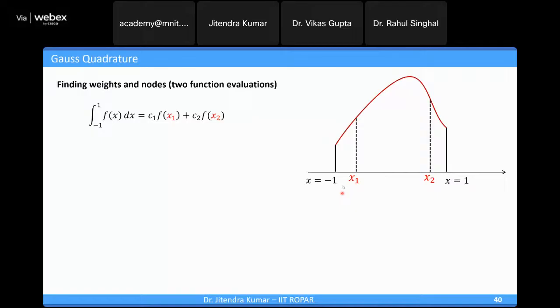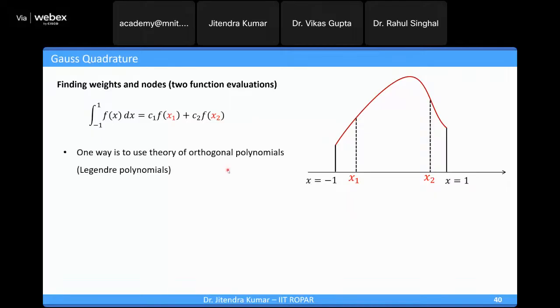Like in the trapezoidal rule, the first point and the last point were chosen, and then we got second-order accuracy. Now we again want two function evaluations like the trapezoidal rule, but not at the end points. We want somewhere else which can provide us better accuracy. So we have four unknowns now: c1 and c2, and x1 and x2.